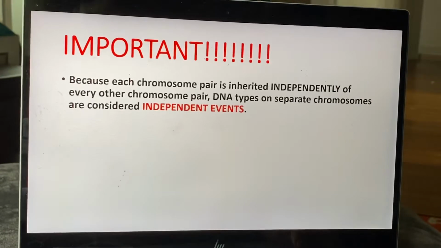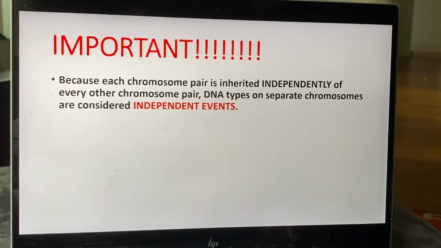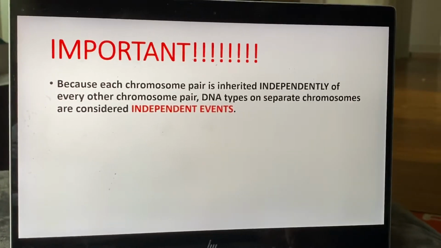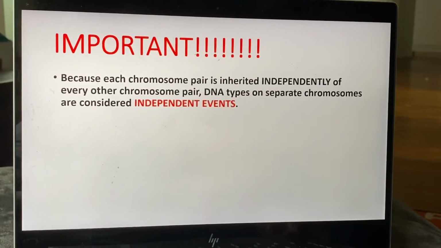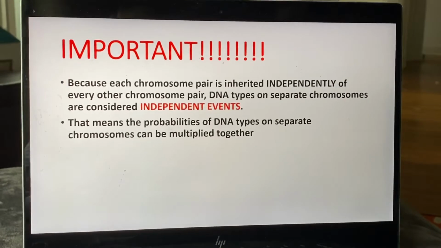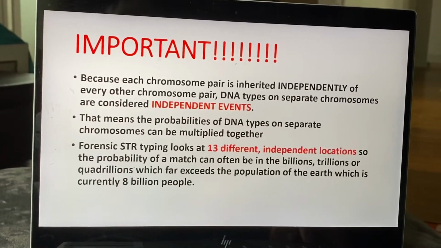Okay, so here's what's important to summarize. Because each chromosome pair is inherited independently of every other chromosome pair, DNA types on separate chromosomes are considered independent events. That means the probabilities of DNA types on separate chromosomes can be multiplied together.